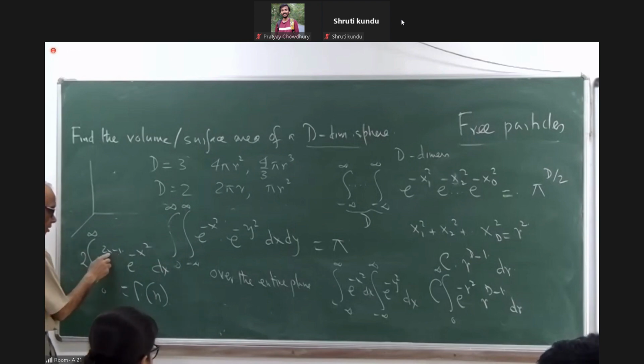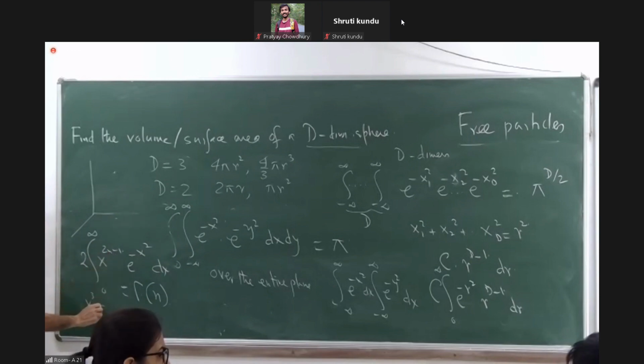If n is equal to 2, it is x cubed. The integral is x cubed dx e to the power minus x squared, and you can write this as half, and then a 2 over here.